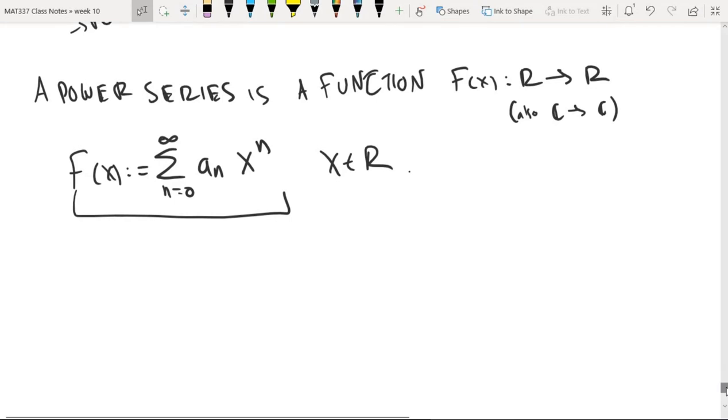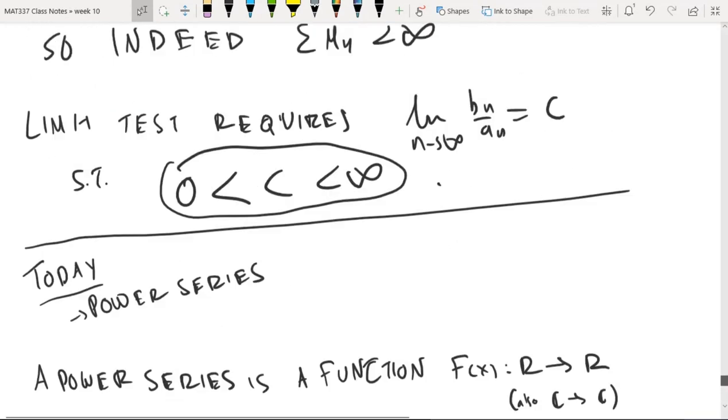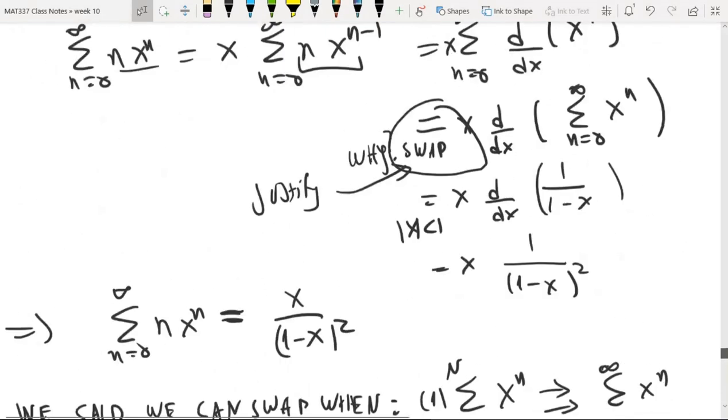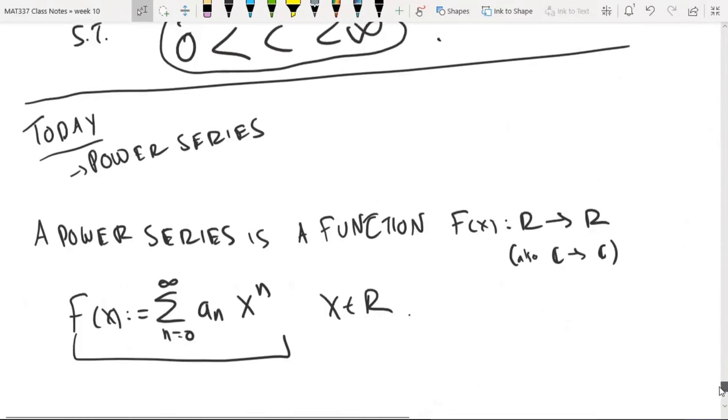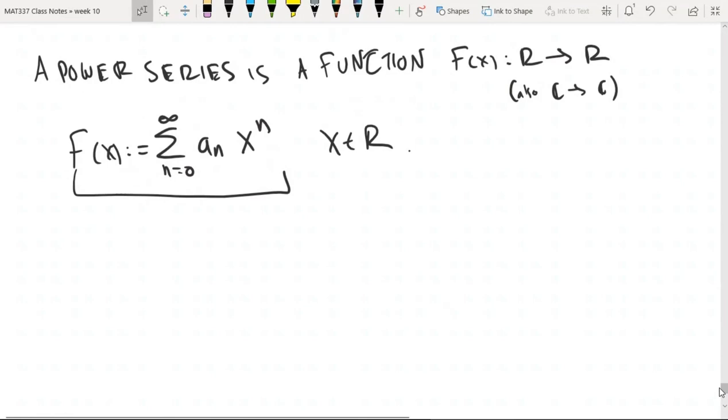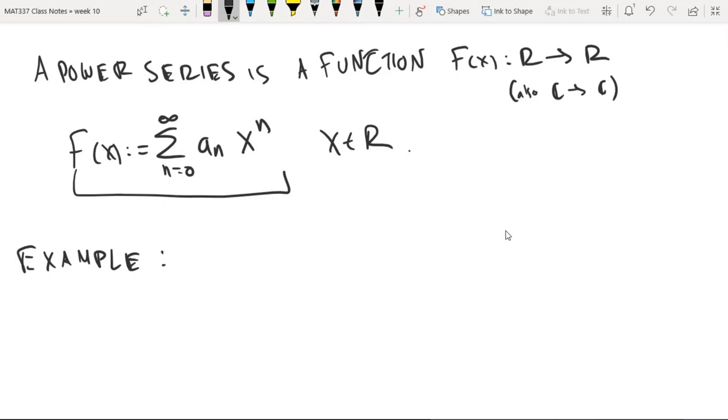So recall, an example that we had. Let me find it in my notes. So we had the power series for arctan.